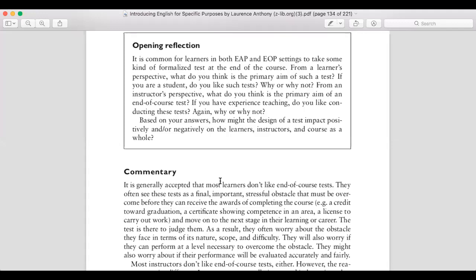But how do students feel about it? Usually students feel a little stressed, okay, and they have a number of worries related to these tests or assessments.